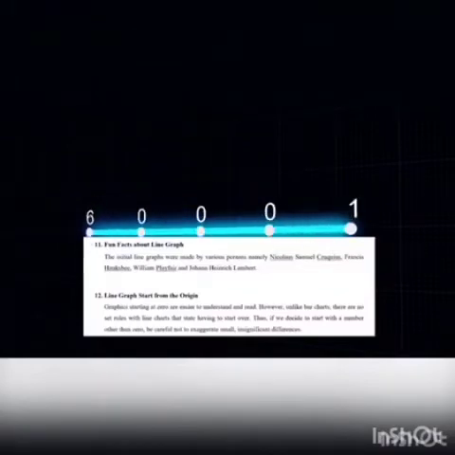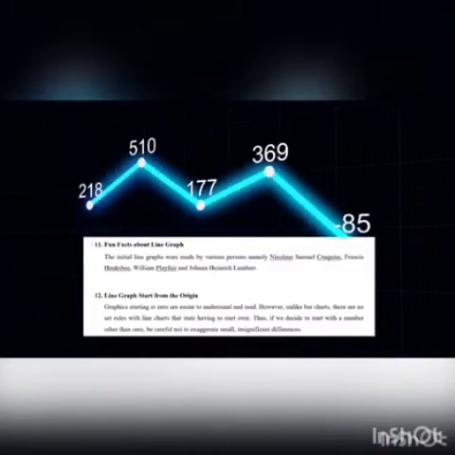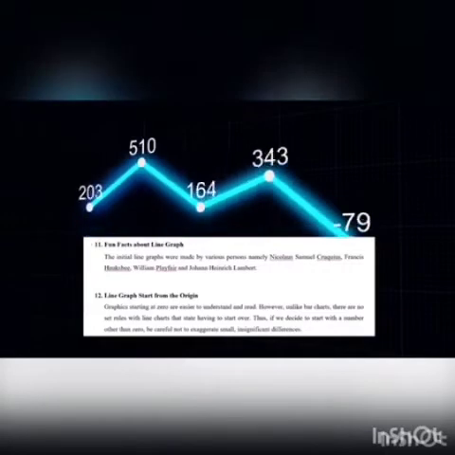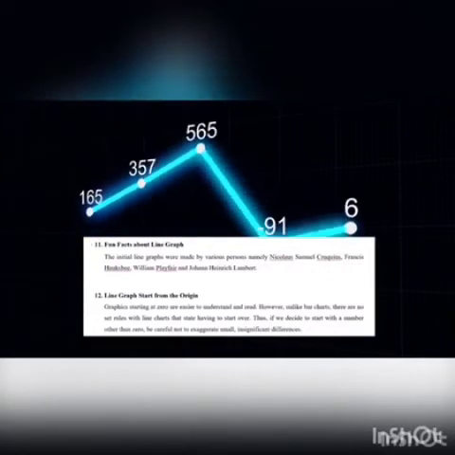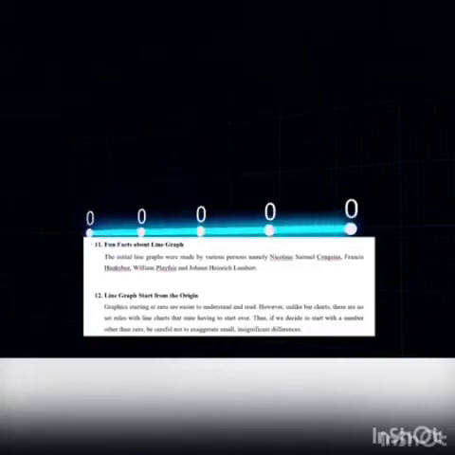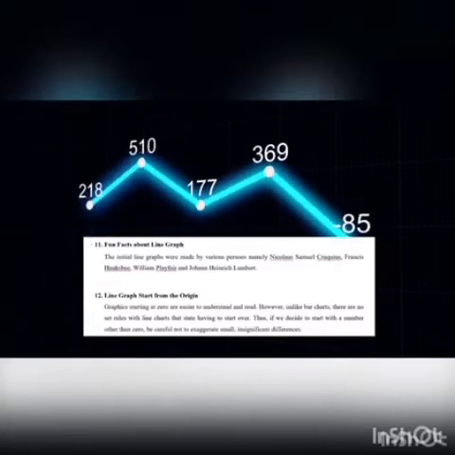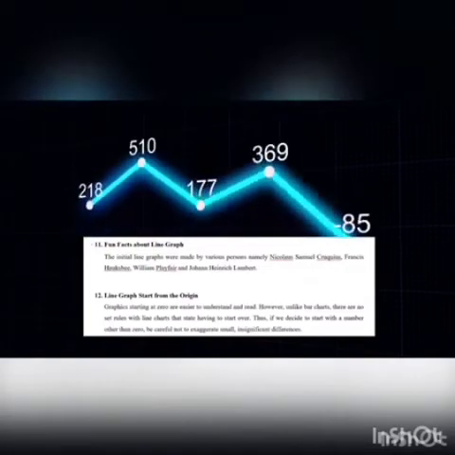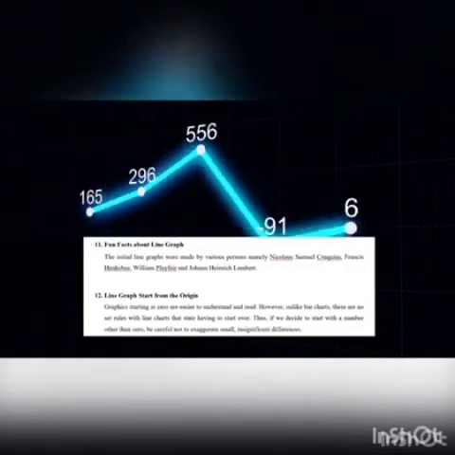Fun fact about line graphs. The initial line graphs were made by the first persons, namely Nicholas Samuel Court, William Playfair, and Johann Heinrich Lambert. Line graphs start from the origin.